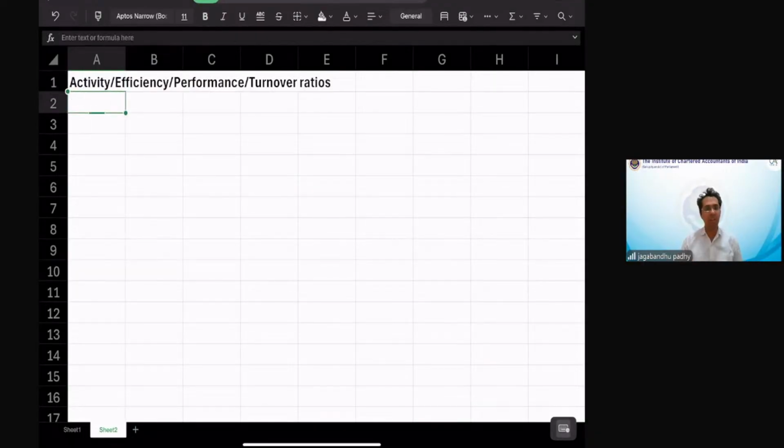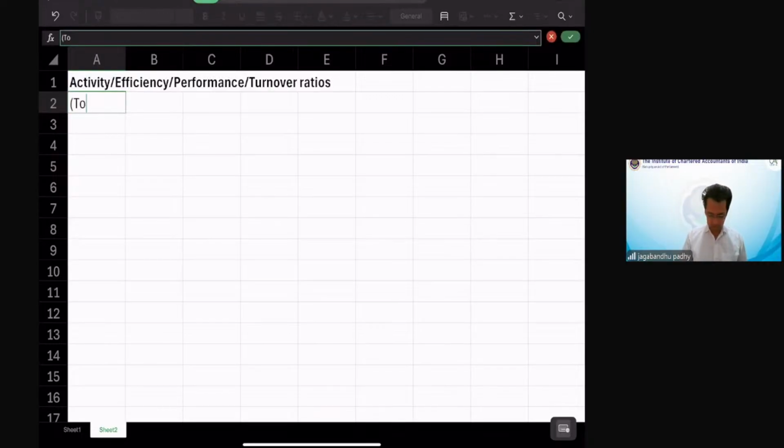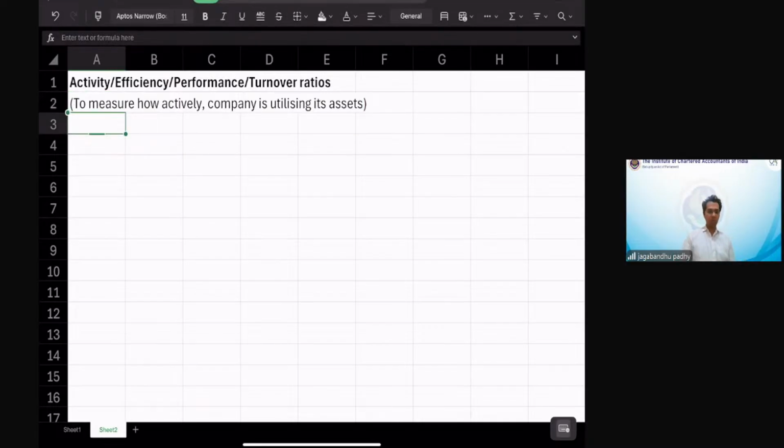So this activity, efficiency, performance or turnover ratio is going to measure how actively the company is utilizing its assets.